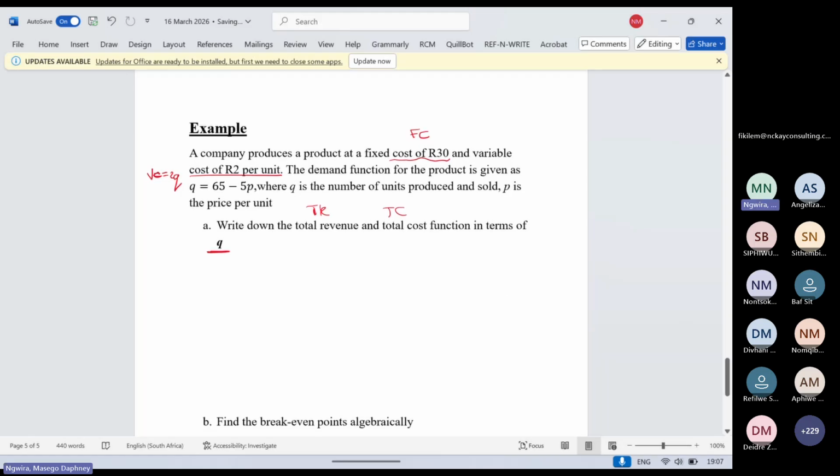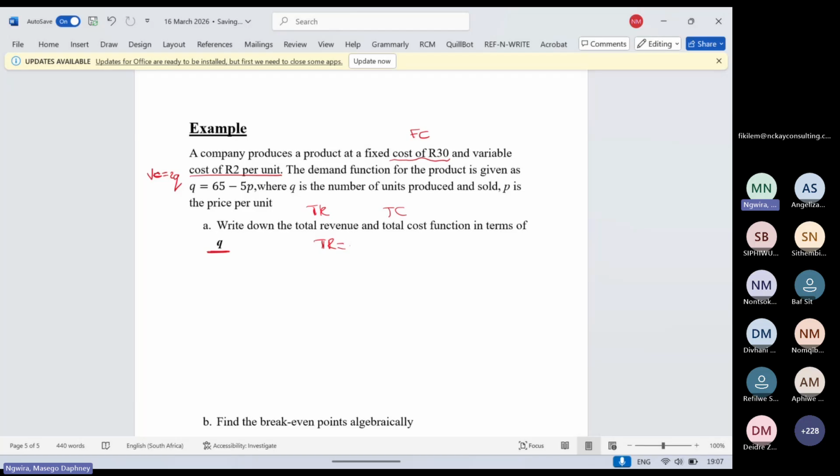Okay, so now let's start with the total revenue. Total revenue is equal to, and what is total revenue? PQ, yes. Our total revenue is equal to P times Q. But we don't have the P. We know that our formula must be in terms of Q for us to solve for the total revenue, just like we were doing before.